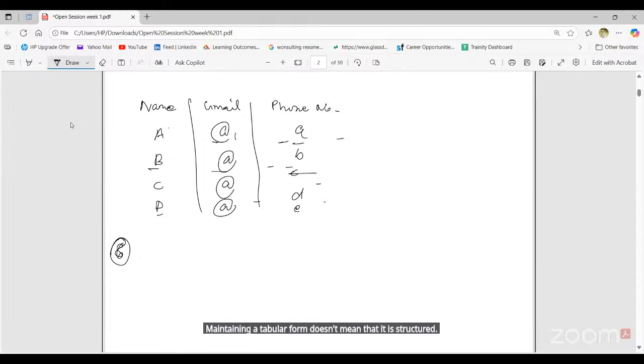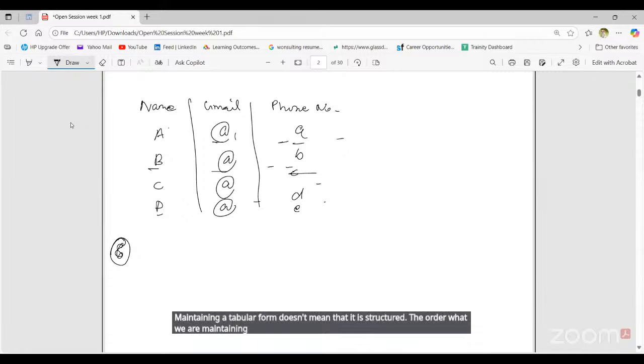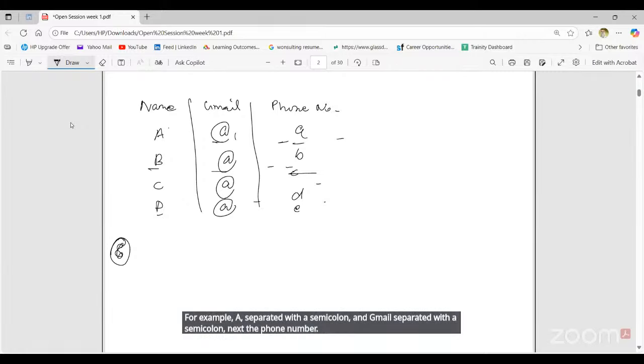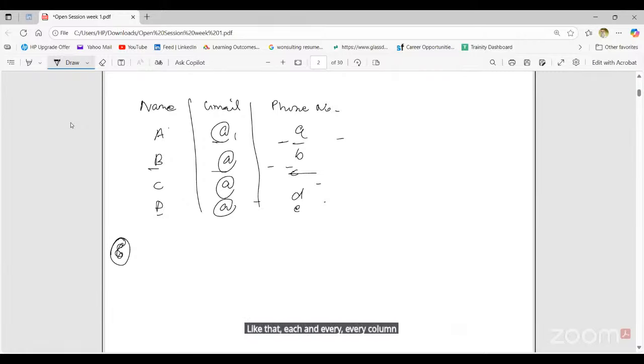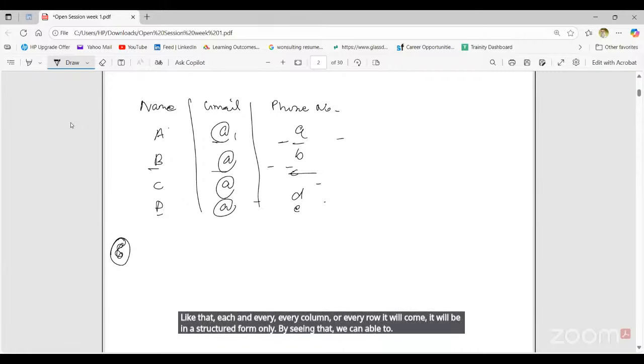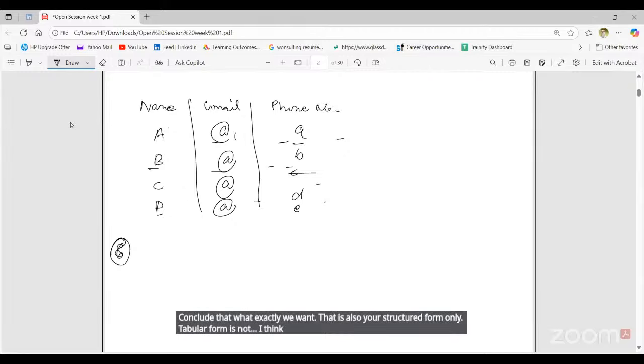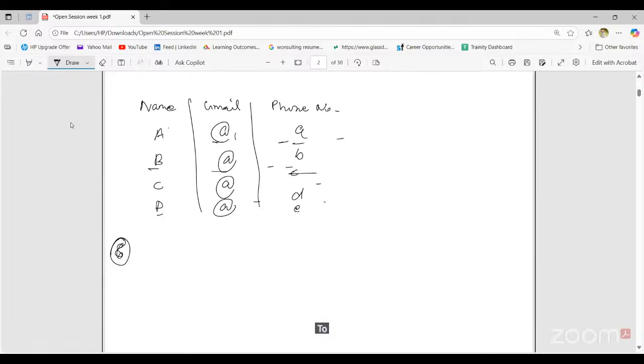The order we are maintaining, as Alok Tripathi was telling, if he is separating, for example, A with a semicolon and Gmail with a semicolon, next the phone number, like that, each and every row will come in a structured form only. By seeing that, we can conclude what exactly we want. That is also a structured form only. Tabular form is not mandatory to prove the data is structured data.